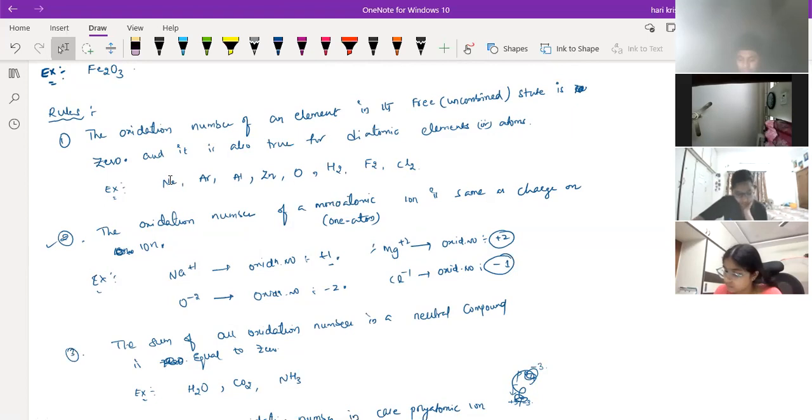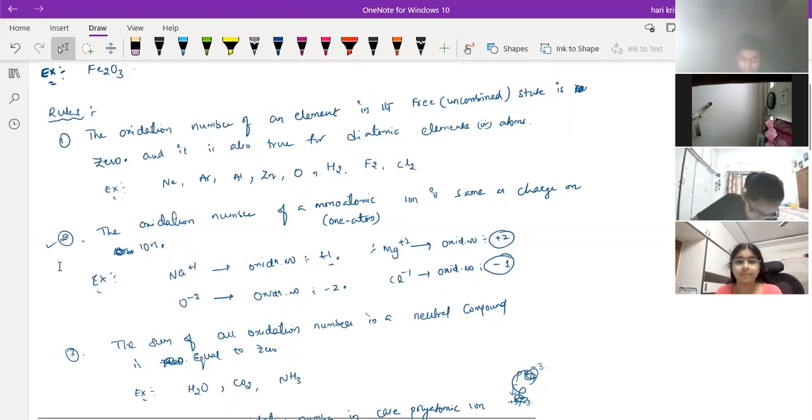Whatever the charge on the monoatomic ion, that will be the oxidation number. Suppose Al+3, what is the oxidation number? +3.